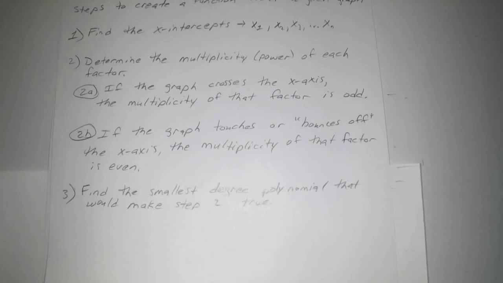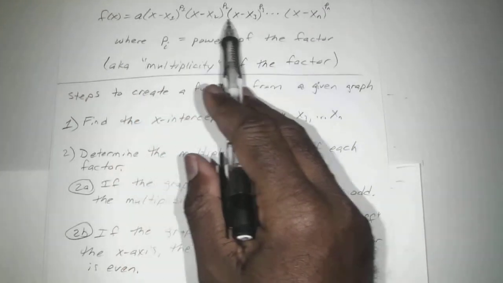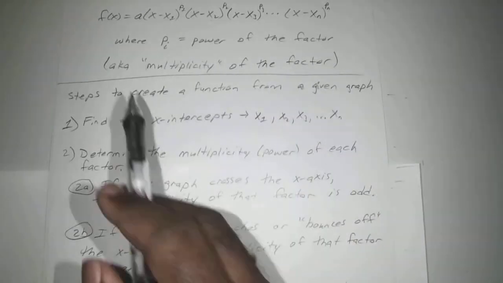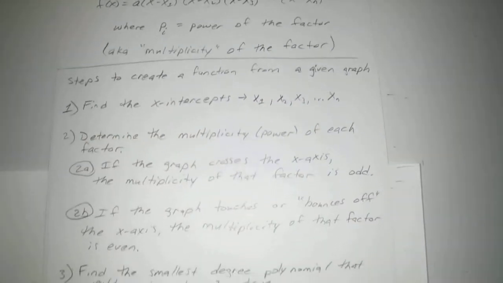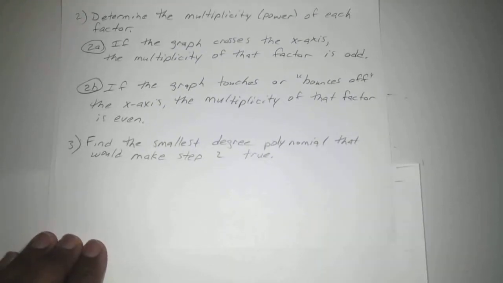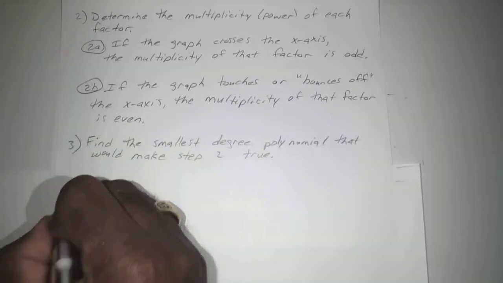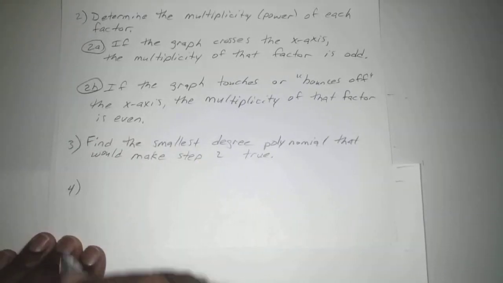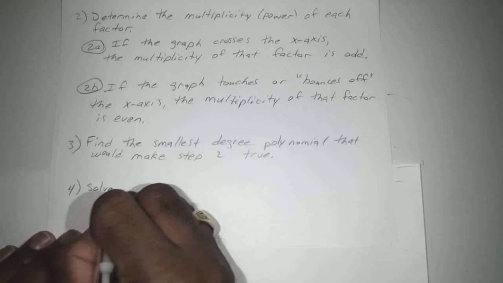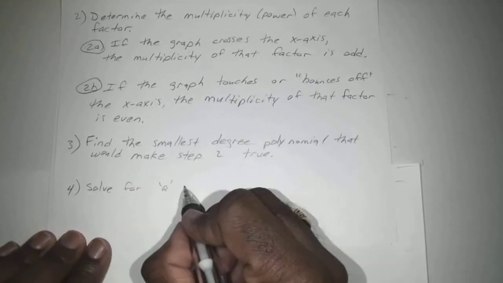And your last step will be to solve for a, because we're going to set it up to look just like this. So we'll have all of our x1, x2, and everything else. Then we'll just have to find our a. And usually the easiest way to do that would be to use the y-intercept. You can use any point, but the y-intercept is just a little easier. Okay, so fourth, solve for a.